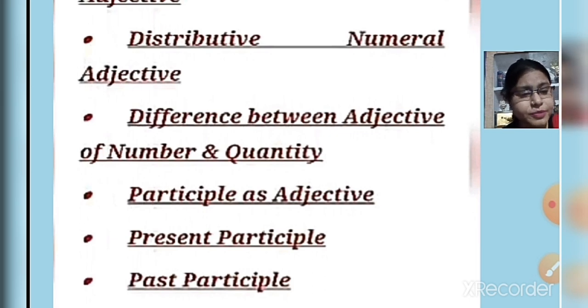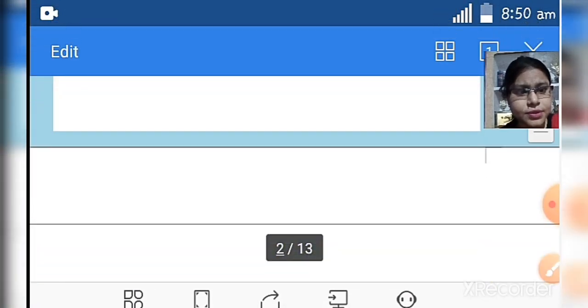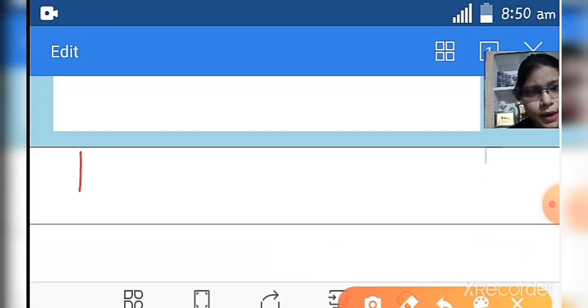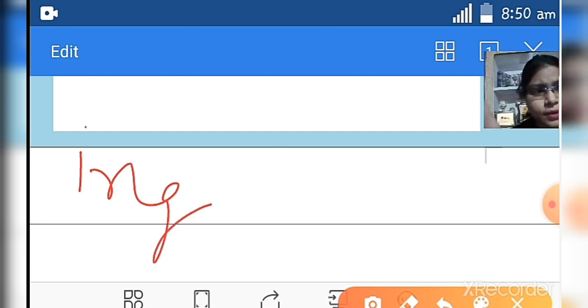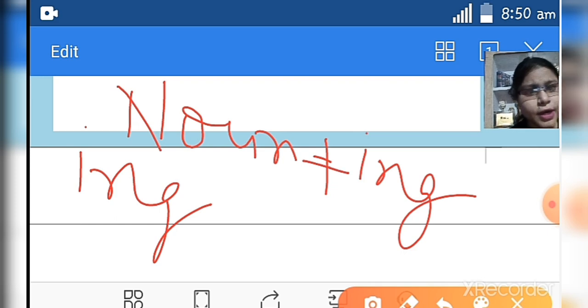In participles, you know, the noun works as an adjective, the ing form. I will explain it to you. Open that page. If you add ing to a noun, let me write here: noun plus ing becomes a participle. If you add the ing form to any noun and it works as an adjective, then it is known as a participle.